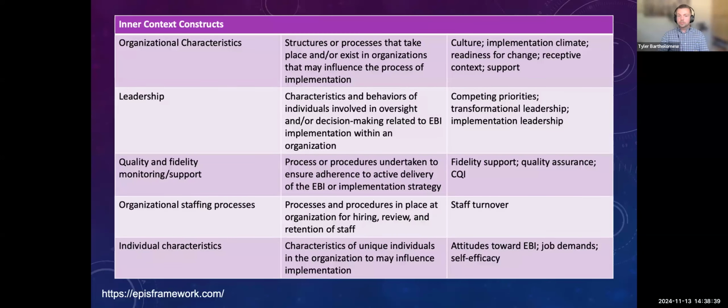And then ultimately you have individual characteristics. These are characteristics of those that are adopting your evidence-based intervention: your staff, your leaders, your case managers. These are characteristics of unique individuals in the organization that might influence implementation. Specific staff might have attitudes towards that evidence-based intervention.